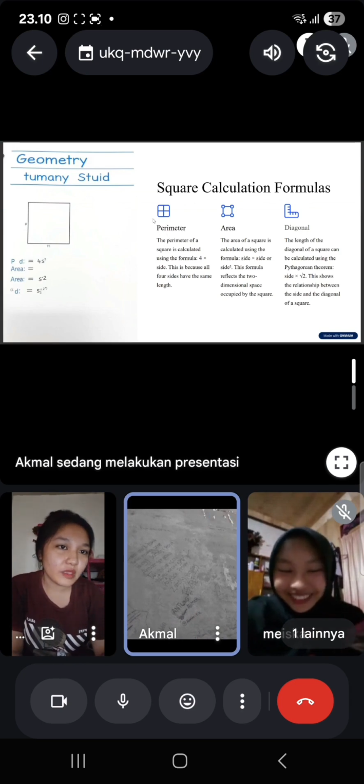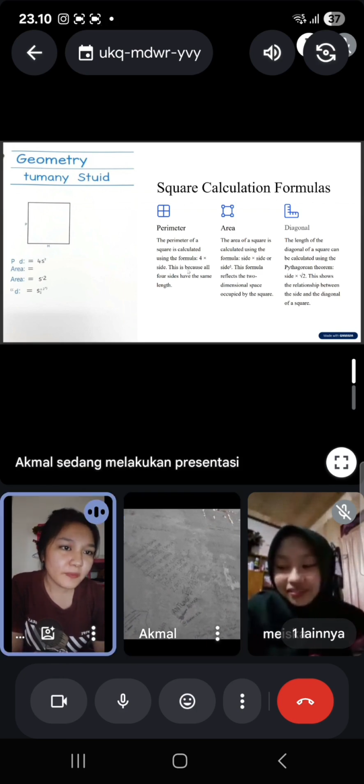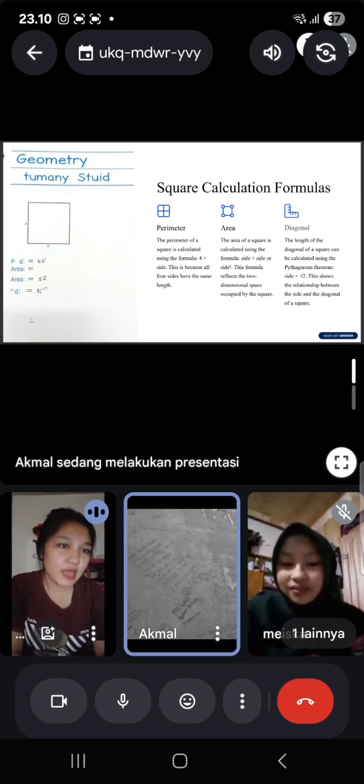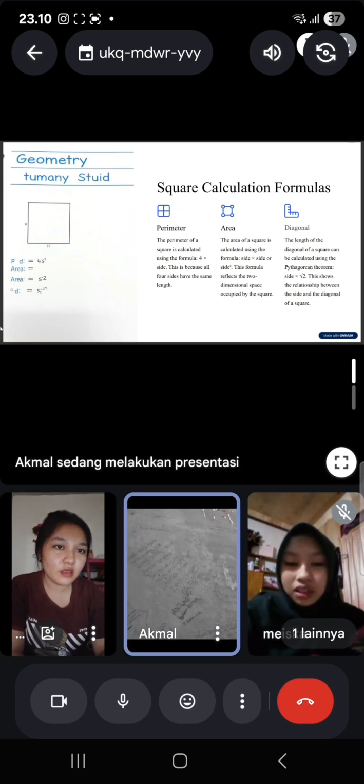Perimeter. The perimeter of a square is calculated using the formula 4 times side. This is because all four sides have the same length. Area. The area of a square is calculated using the formula side times side, or side squared.